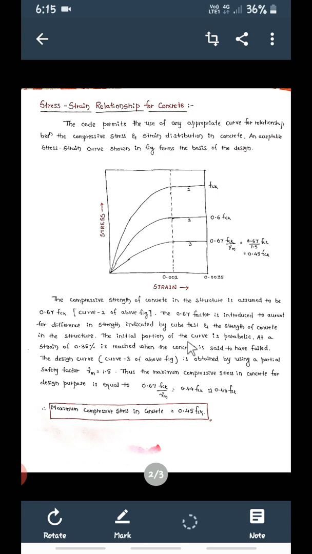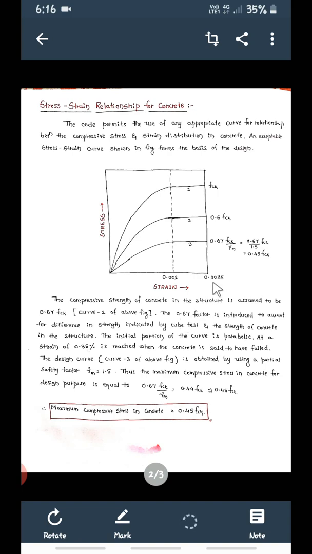The initial portion of the curve is parabolic. Now see, the initial portion of the curve is parabolic up to what? 0.002 strain. So when the strain in concrete reaches 0.002, up to this it is parabolic in shape. Then at a strain of 0.0035, this is the final strain.